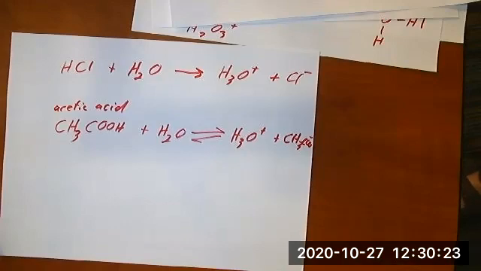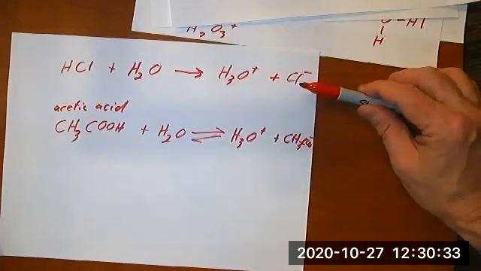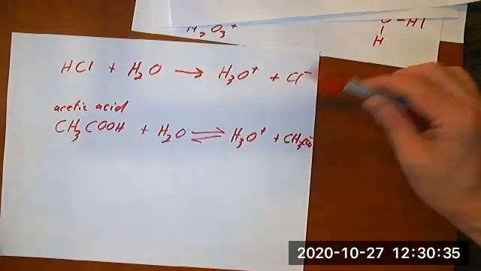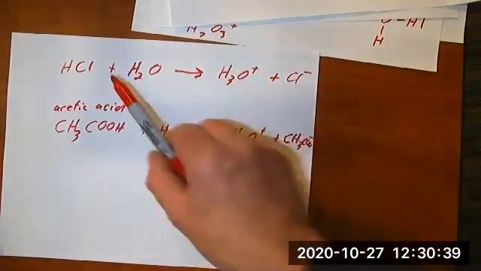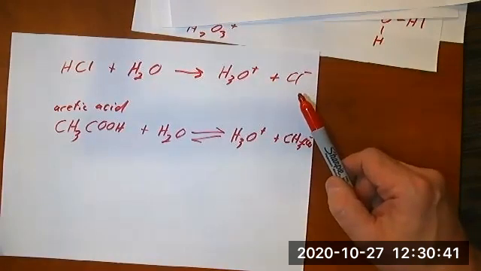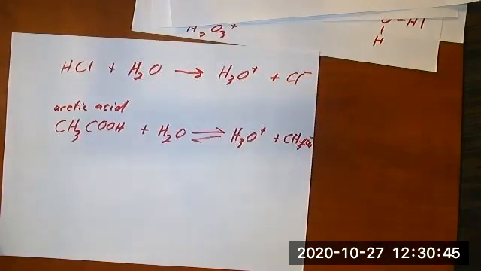Now you notice I wrote the first one as a reaction that is going only from left to right, but I wrote the second one as an equilibrium. And that is because in the first reaction case, every bit of HCl that gets into water does in fact dissociate. You can think of that as this reaction having such a ridiculously high equilibrium constant that the reverse reaction is essentially negligible.